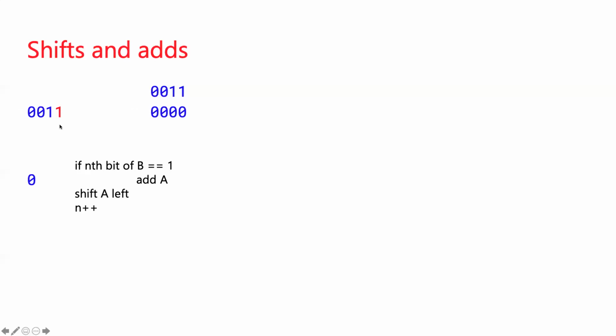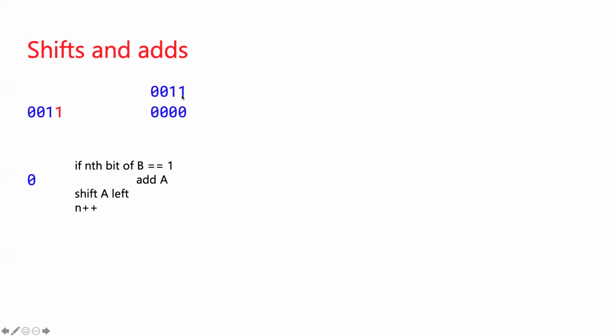It's a 1. That says to add in a copy of A. You could think of this as, in binary, the 1's place. If you're multiplying B times A, and you've got a 1 in the 1's place, that's like saying I want 1 copy of what's in A. So I'll add that in.